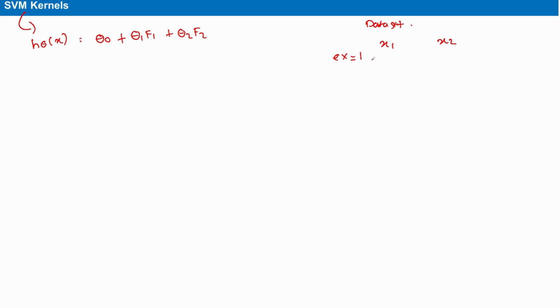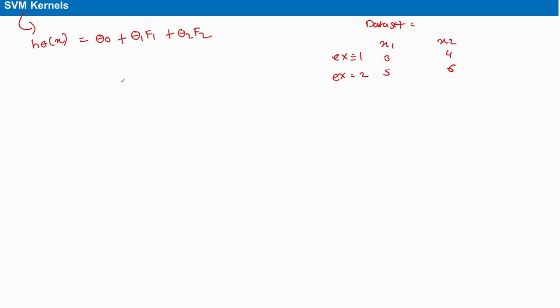Suppose the x1 feature is 3 and the x2 feature is 4. In the same way, for example 2, the x1 value is 5 and the x2 value is 6. Here I'm demonstrating how SVM will find f1 and f2.